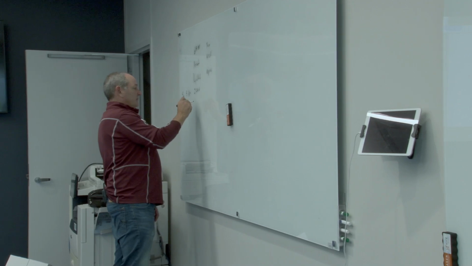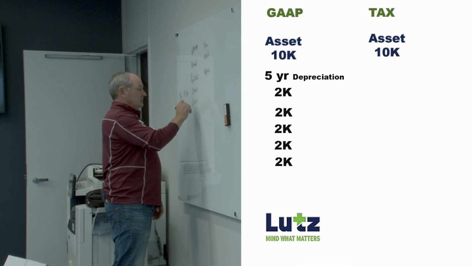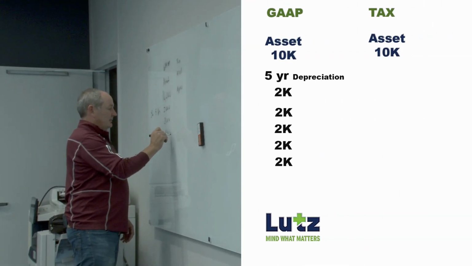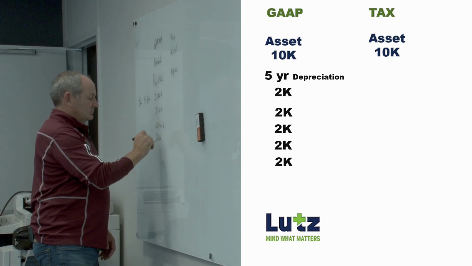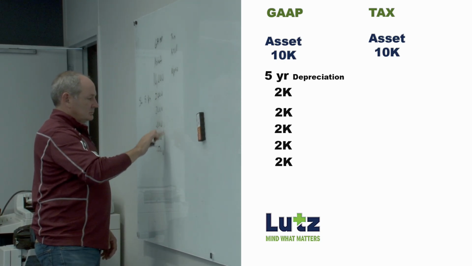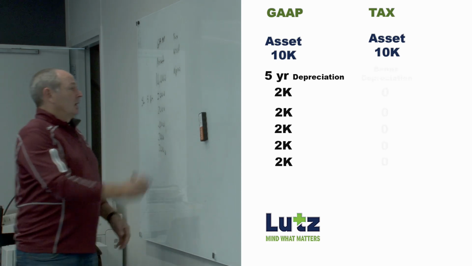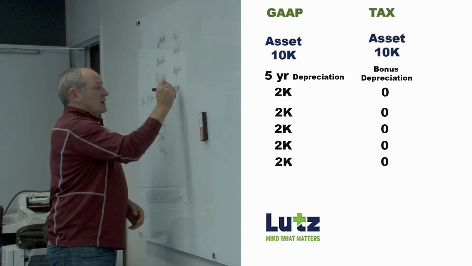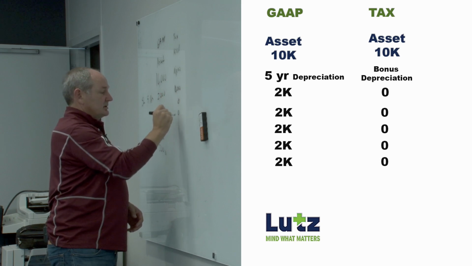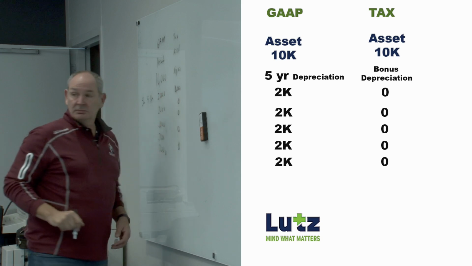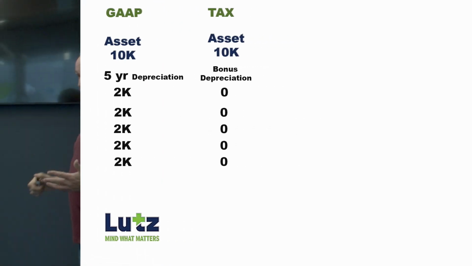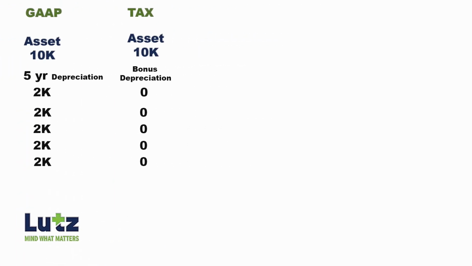Okay? So for book depreciation, I have $2,000 a year, correct? For 5 years. 1, 2, 3, 4, 5, correct? Bonus depreciation, and then 0, 0, 0, and 0, correct? I've taken $10,000 of depreciation associated with that asset.